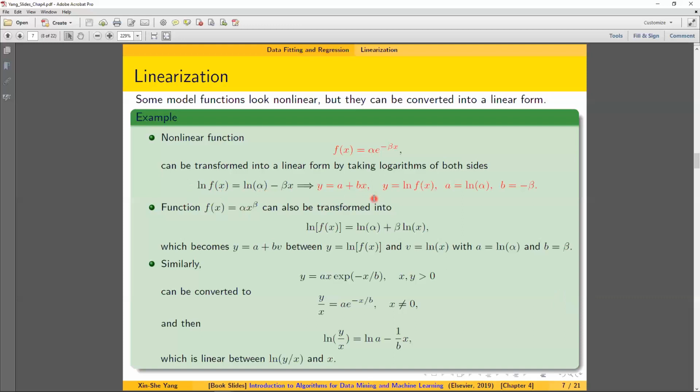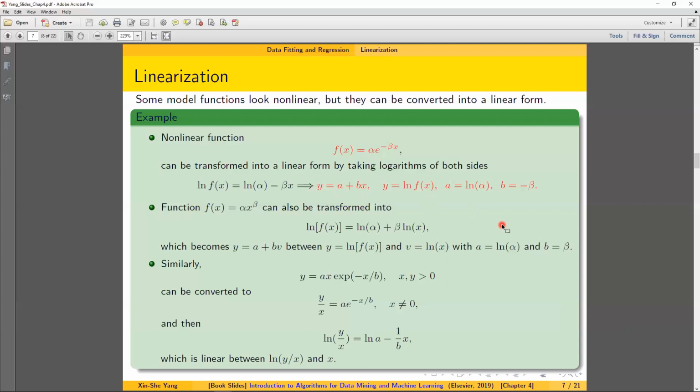So we could estimate a function. Once we estimate and come back with A and B, we translate back, and we should be able to come back with an estimation of alpha and beta.